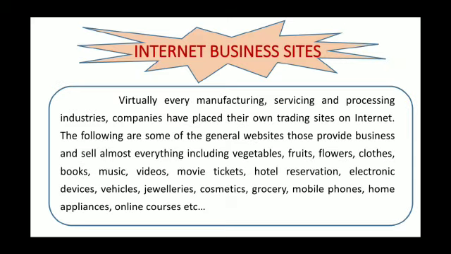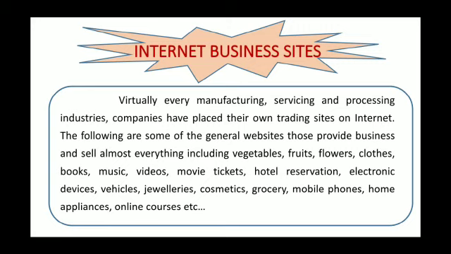Internet business sites. Which are the different internet business sites? Virtually every manufacturing, servicing and processing industry company has placed its own trading site on the internet. The following are some of the general websites.